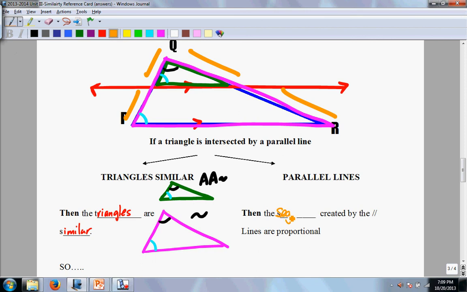The segments created by the parallel sides are proportional. So instead of seeing it as overlapping triangles, you see just the segments and the fact that you can make these segments proportional. Exact same diagram, two different ways to perceive it. Again, it's like the old hag versus young lady optical illusion.